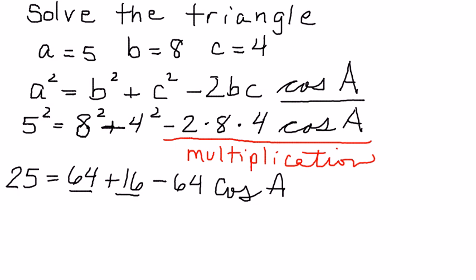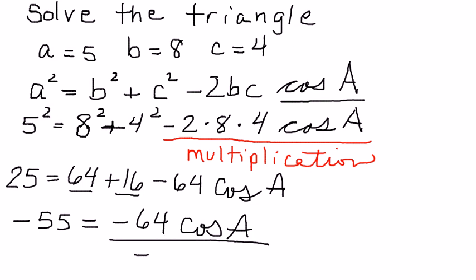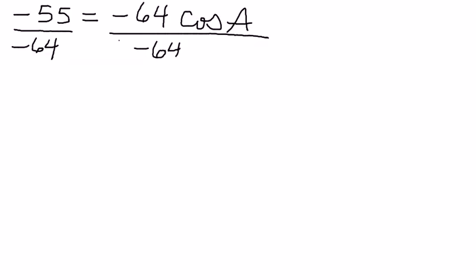This will give us negative 55 is equal to negative 64 cosine A. Now to isolate cosine A, we can divide both sides of the equation by negative 64. Cosine A is equal to 55 over 64.